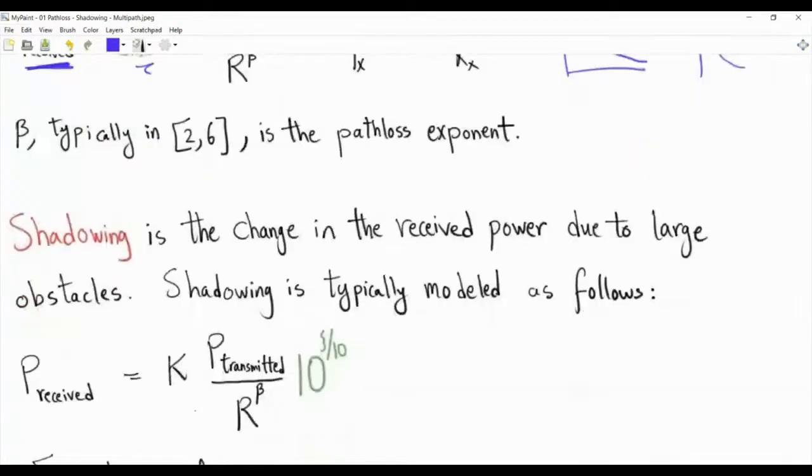Now, we have path loss, then we have shadowing. Shadowing means that sometimes, or actually many times, especially if you are in a dense urban environment, you don't have a line of sight between yourself and the base station or the transmitter.